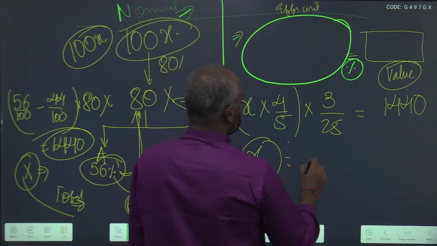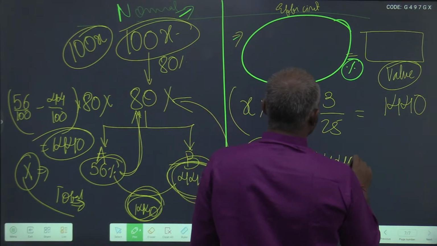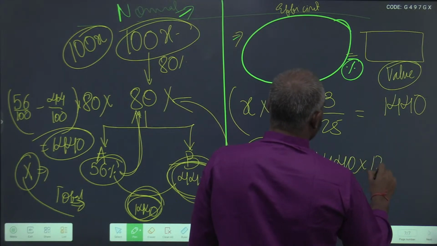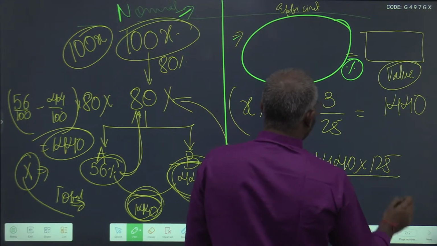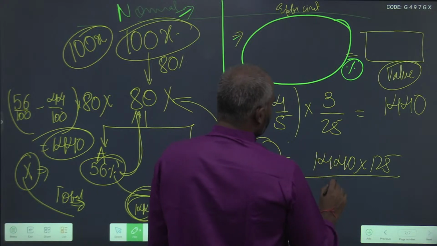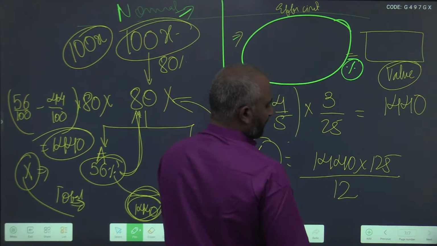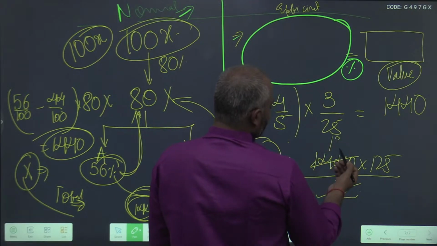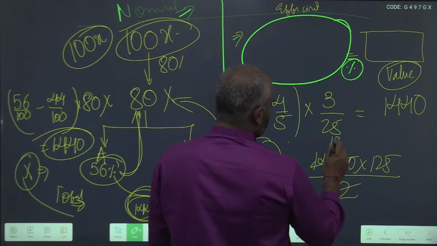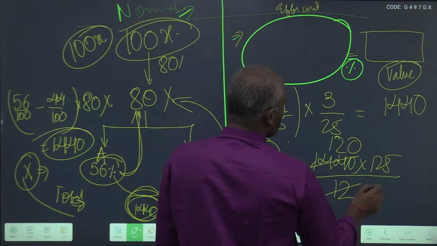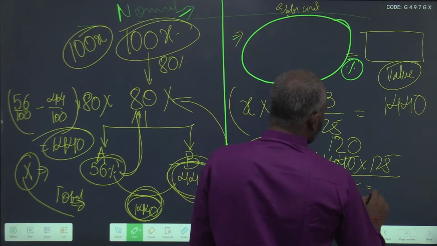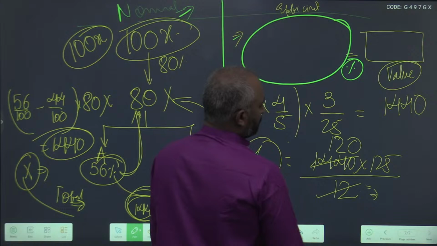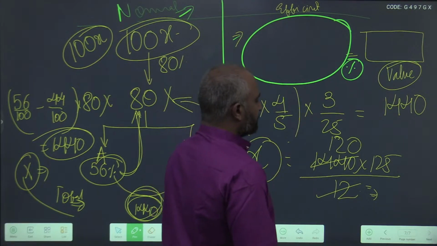Now we just need to find out x. You see, 1440 into 25 is 125 by 12. 12 into 12 is 144, so this becomes 120 into 125.